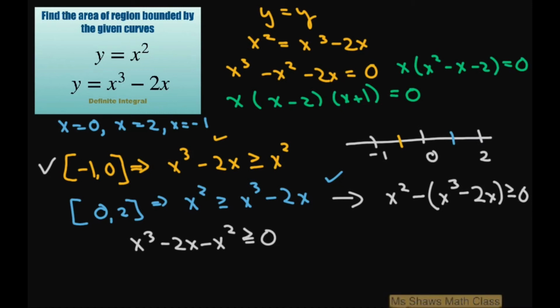And that's how I'm going to set my intervals up. This one is set up from negative 1 to 0, and this one from 0 to 2. So that's what I'm going to do on the next slide.